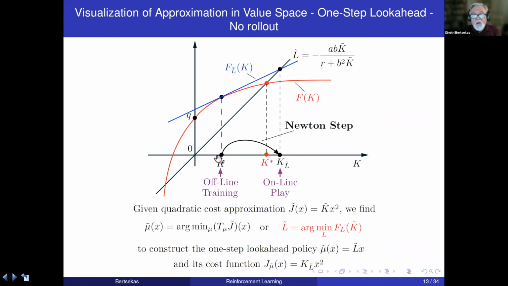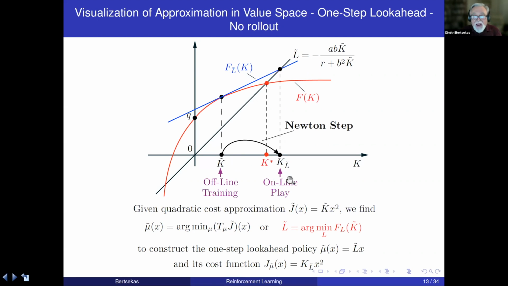So we start with cost approximation like this, and by approximation in value space and one step look ahead, we end up with a policy that has this cost function. But now if we look at this figure and look back to Newton's method, this is exactly a Newton step, starting from this point.